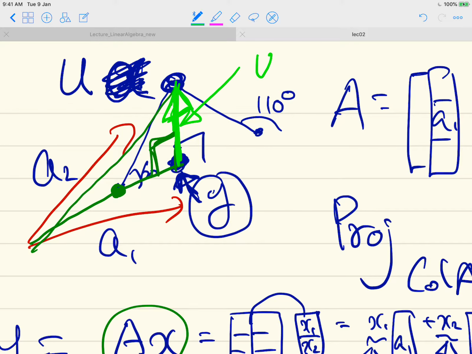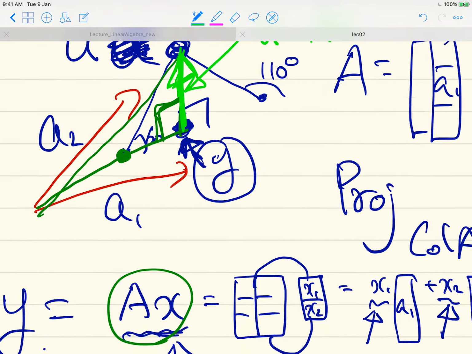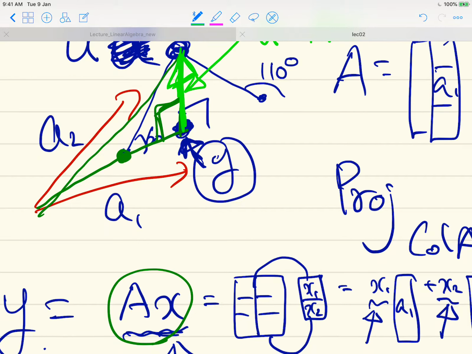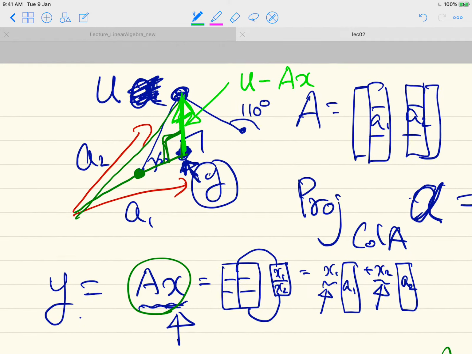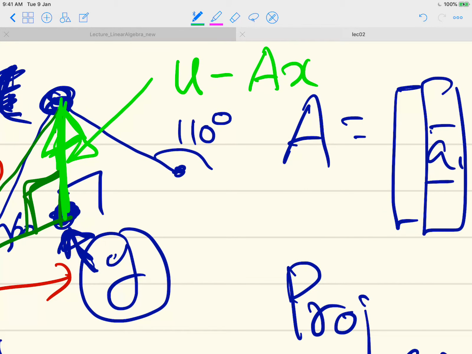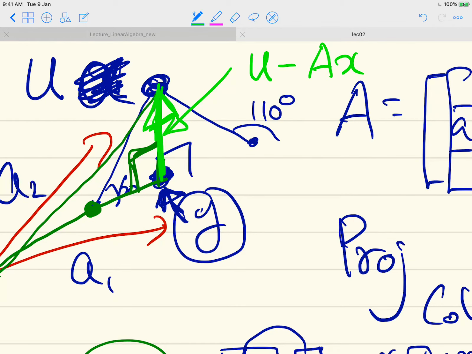It will be u minus Ax. Does it make sense? So again, the projected point is y, which is a linear combination of the columns of A, and thus y should always be represented as A times x. Right? So far so good? And so u minus y, which is u minus Ax, is this vertical part. That vertical part should be orthogonal to this horizontal line, right?